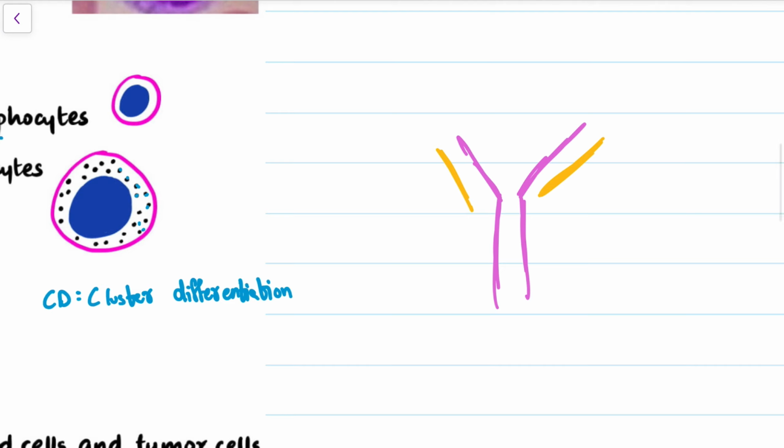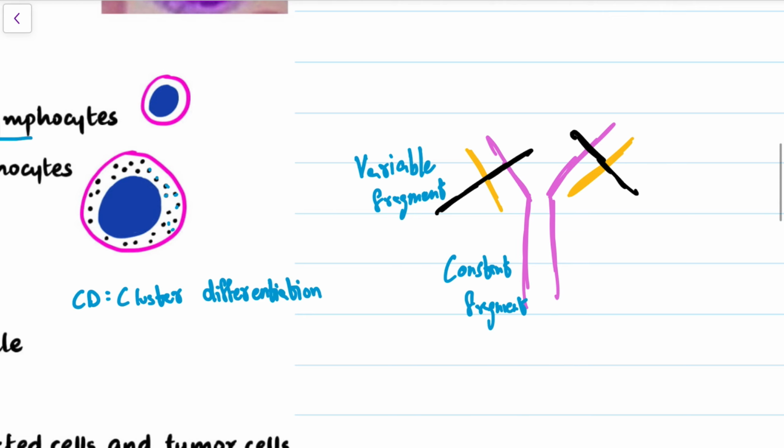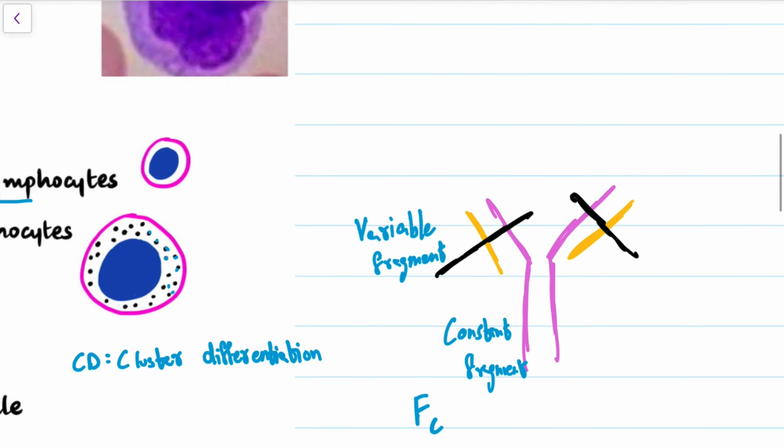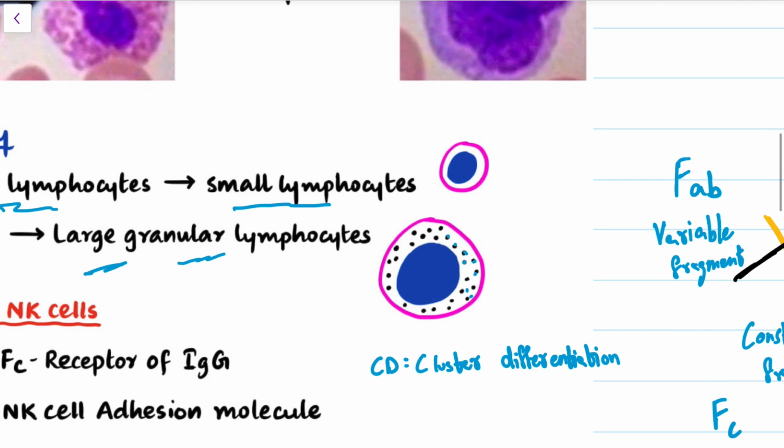And these heavy chains and light chains can be divided into a variable fragment and a constant fragment. This constant fragment can otherwise be called the Fc component, and this variable fragment can be called the Fab component. Okay, so that is what we are saying here.